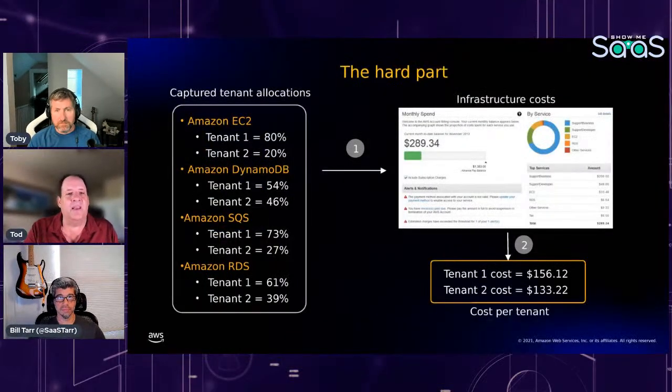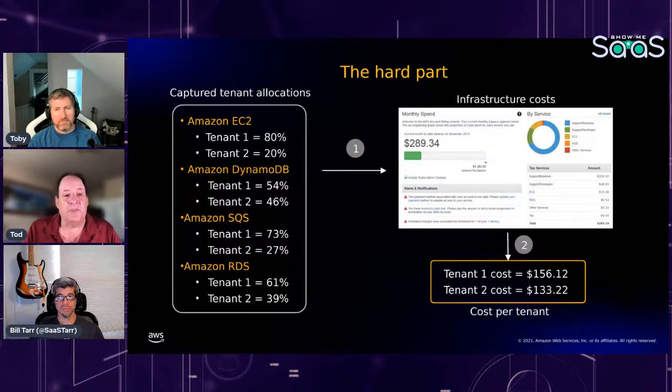Now, I did as part of that discussion, maybe this is the part that always gets left out, and I didn't want to make this whole discussion about this. But where this really gets interesting is we talked all about how to get this data on the left-hand side. What should you do? What data should you get? But ultimately, you come down and you've got some allocations and you know how tenants are consuming your different resources.